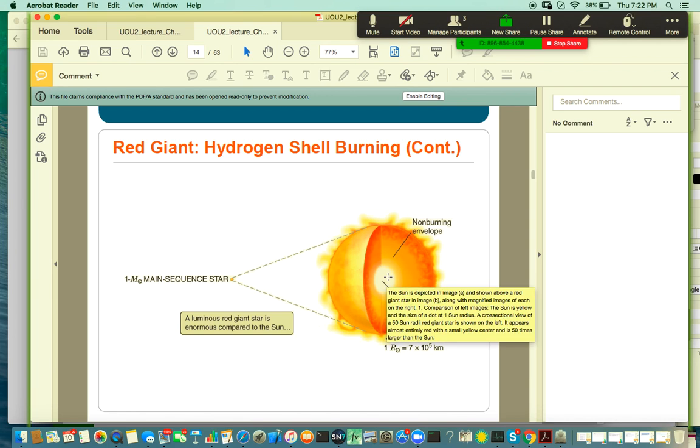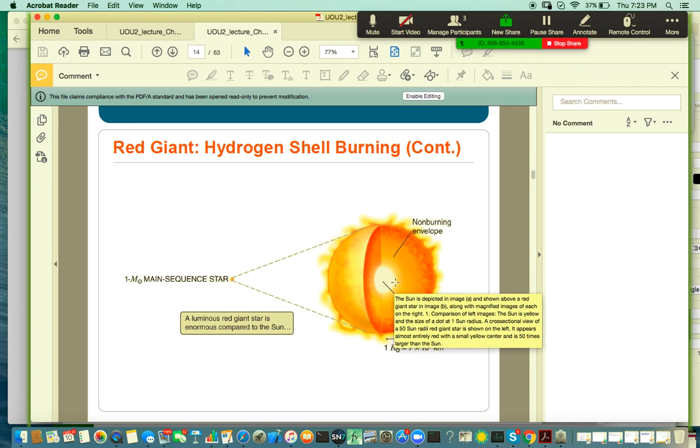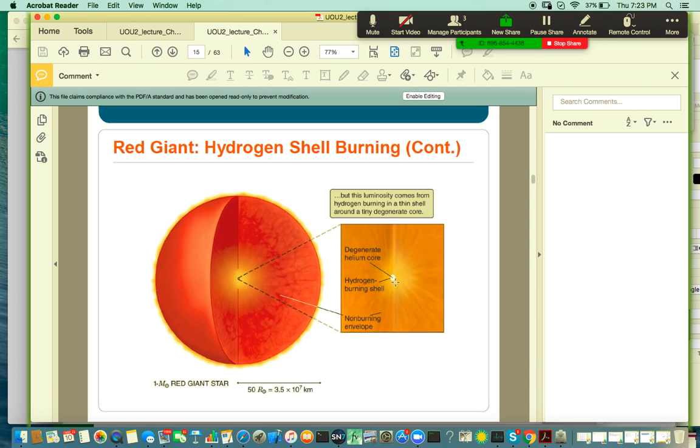The core does not indicate any hints of fusion reactions, but the shell around the core does, and that produces excess energy responsible for expanding the star.